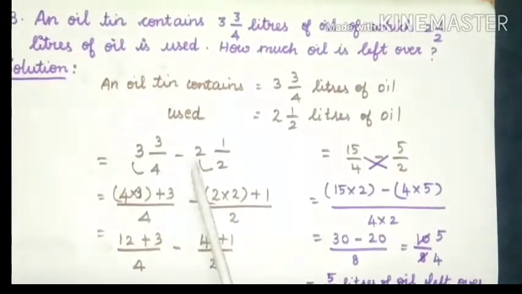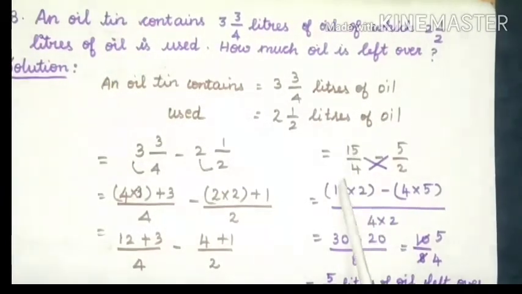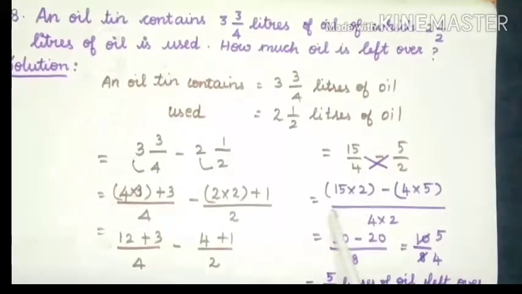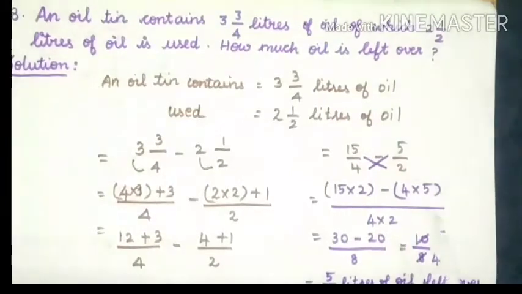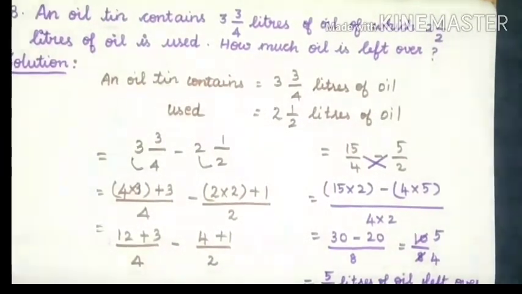Here we have mixed fractions, so you have to change them into improper fractions. That is 15 by 4 minus 5 by 2. But here the denominators are not same, so you have to find the cross multiplication. 15 into 2 minus 4 into 5 divided by 4 into 2. We will get the answer as 10 by 8. After cancellation, 5 by 4. Therefore, 5 by 4 liters of oil left over.